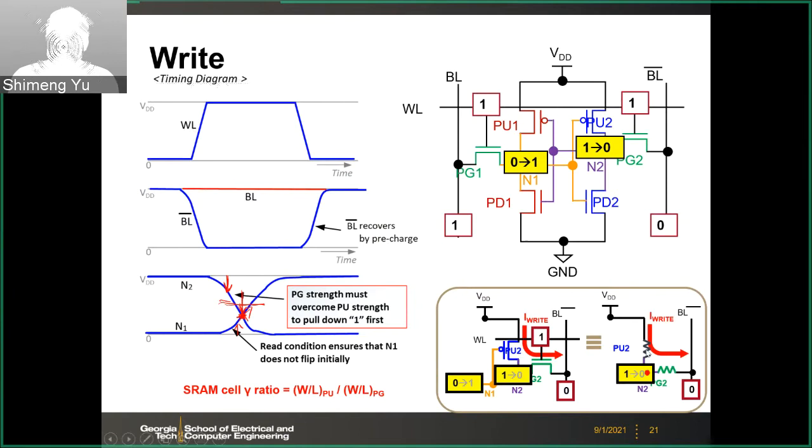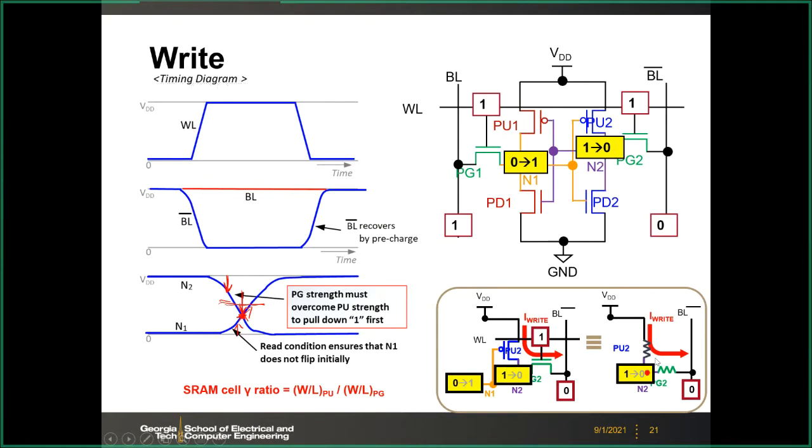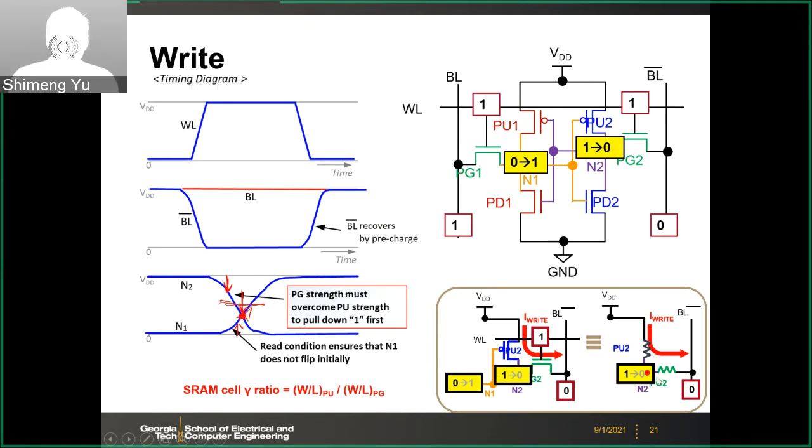So then here the requirement is this N2 node voltage needs to be pulled down sufficiently low. Then if you use the resistor voltage divider, then you know the condition. PG2 and PU2, let's say the resistance, the PG2 should be larger or smaller than PU2? Smaller, right? So you want the voltage drop across PG2 to be small.